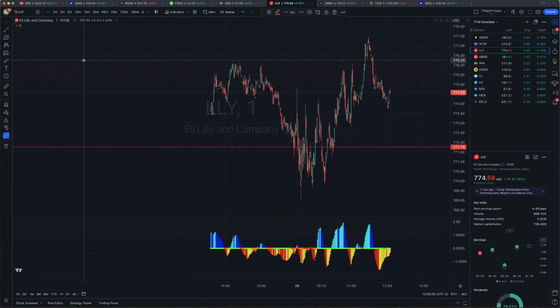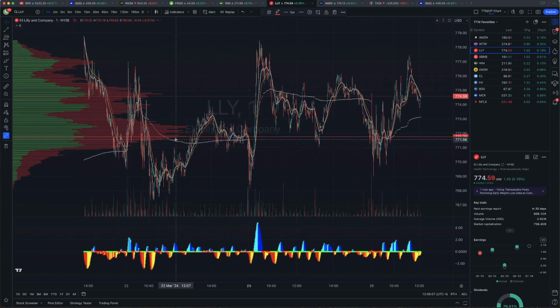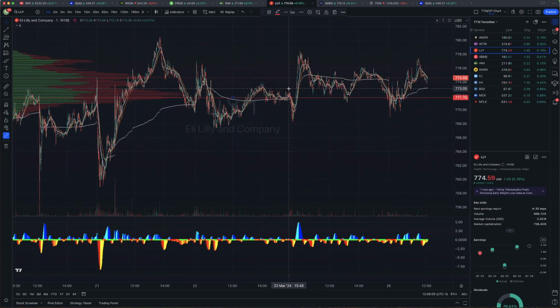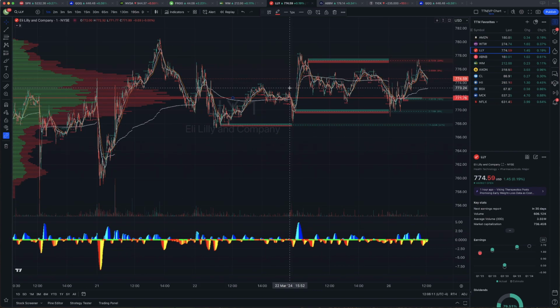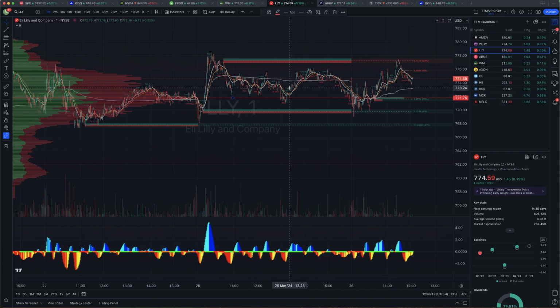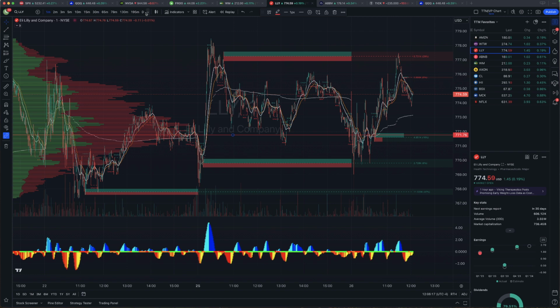Let's look on the 1 minute. I can almost see trying to pick that up. Wonder if it'll give us a move down into VWAP.